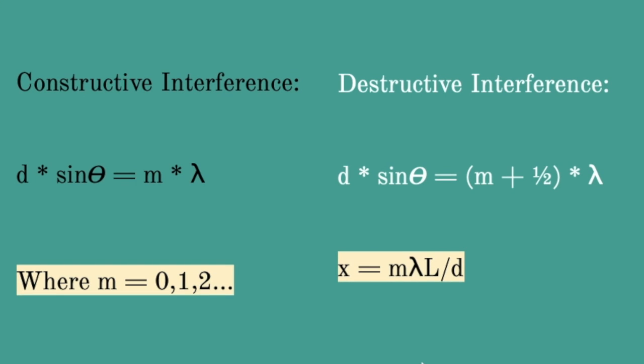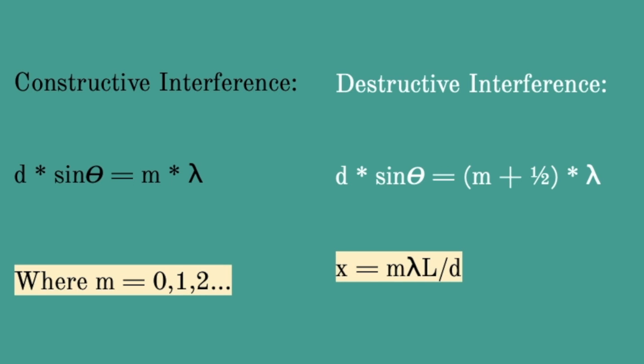The constructive interference equation gives us the mode at which the wave creates maximum intensity bright fringes. This equation relies on d, the distance between the two slits, theta, the angle between the point on the screen and a slit, and lambda, the wavelength of the light wave.